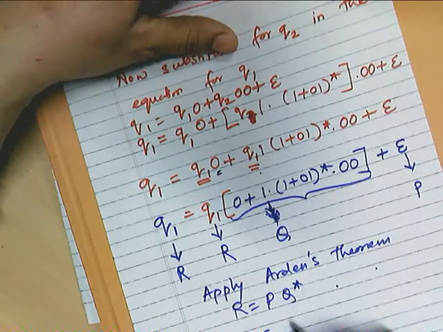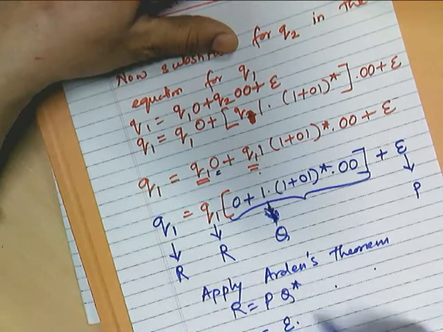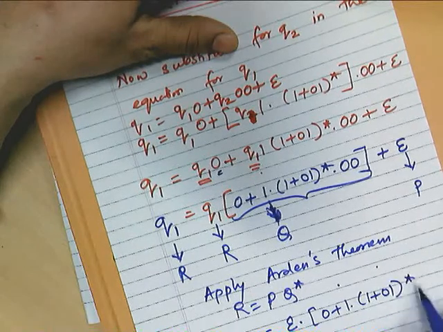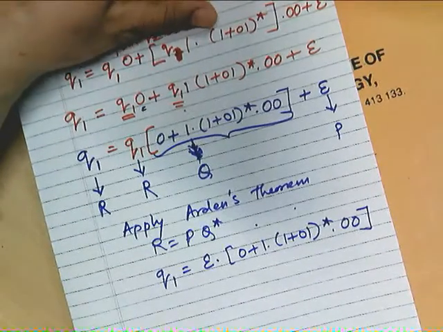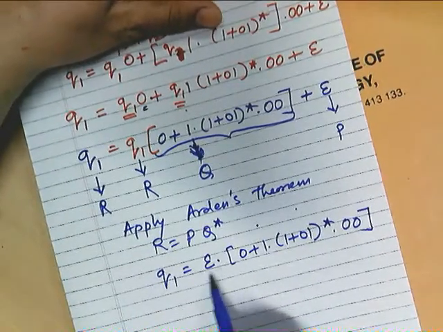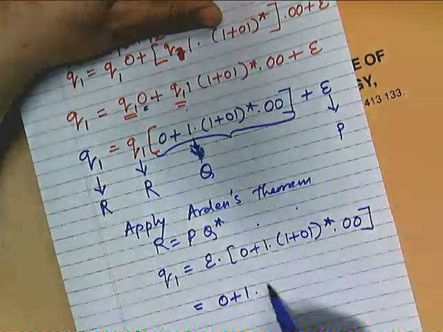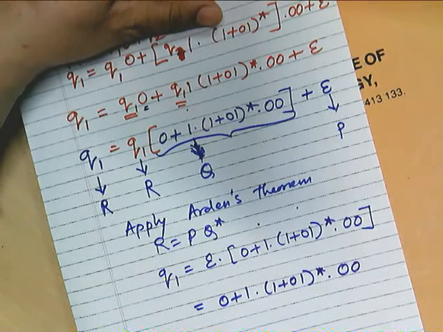What is my P? My P is empty, right? Dot, what is my Q? My Q is 0 plus 1 dot 1 plus 0 1 whole star dot 0 0, right? And anything which is concatenated with empty string will be the same expression, so it will be 1 plus 0 1 whole star dot 0 0.